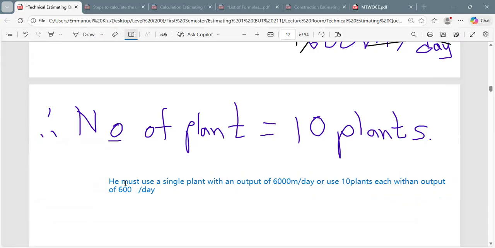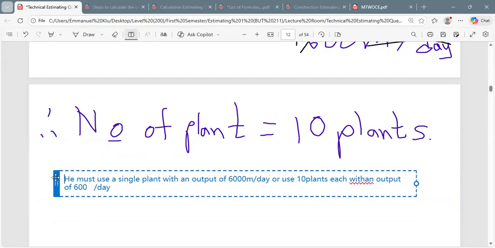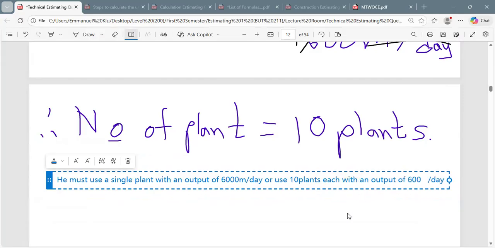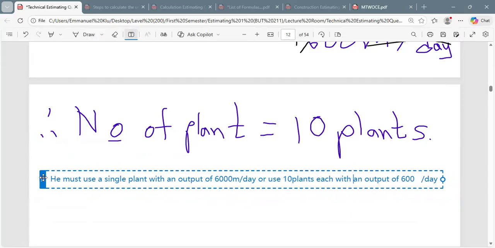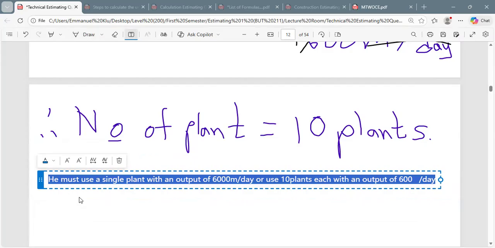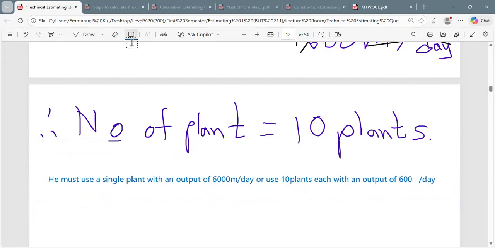So this is my conclusion. I want to add a unit. This is meter squared, and this is also meter squared per day.